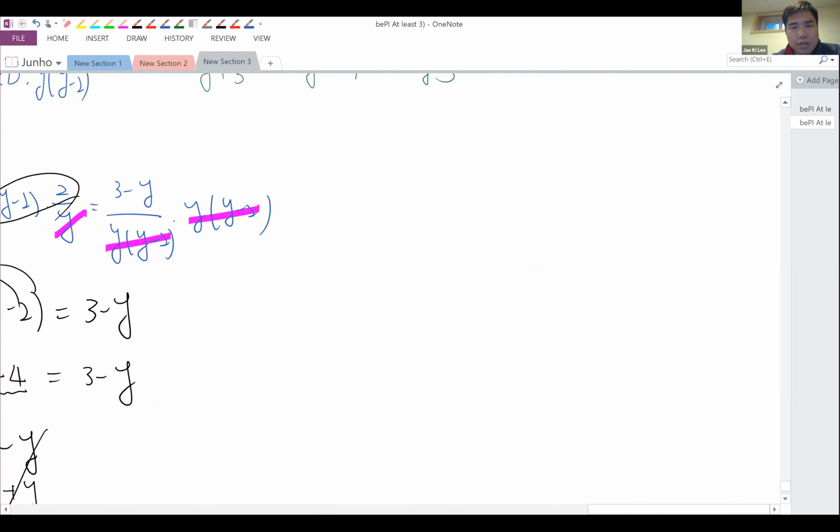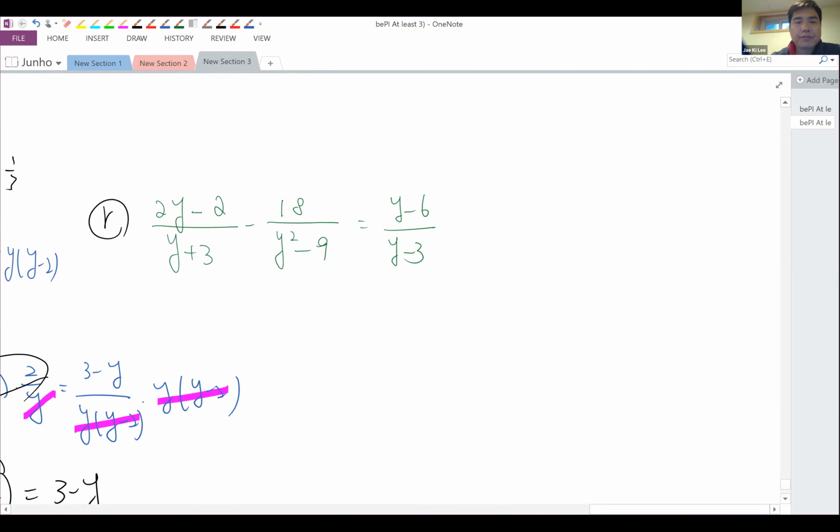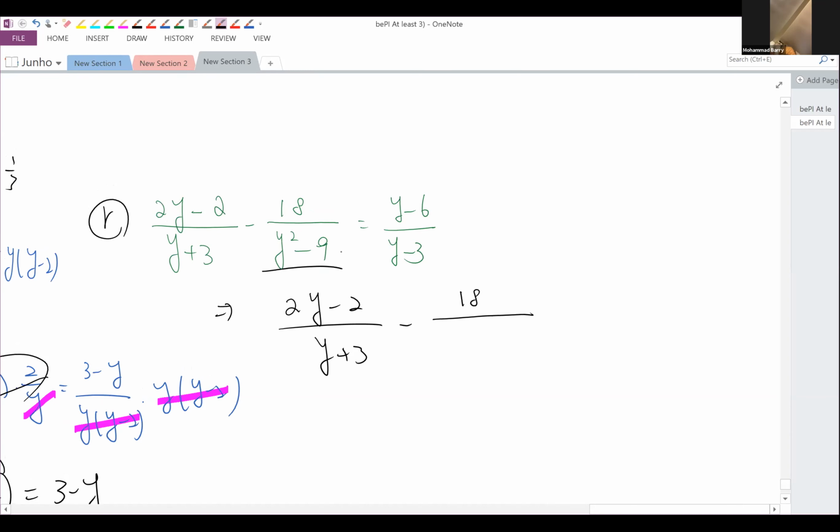And third equation here, number 3. So we need to factor out first. So this becomes 2y minus 2 over y plus 3 minus 18 over y squared minus 9 becomes factoring.